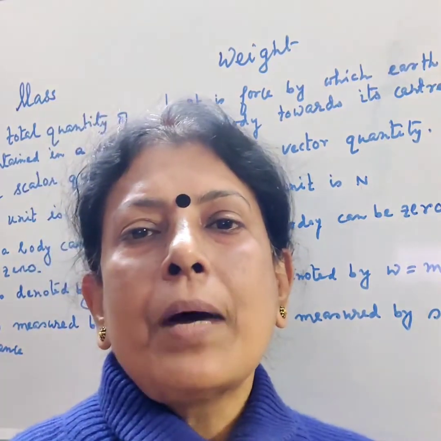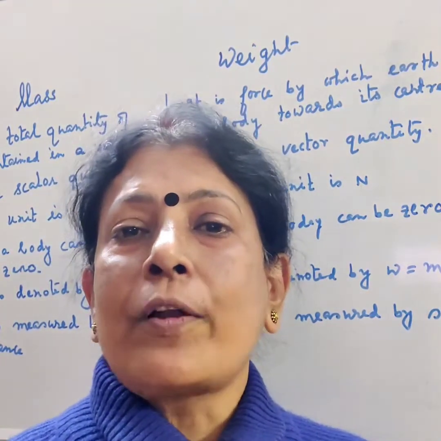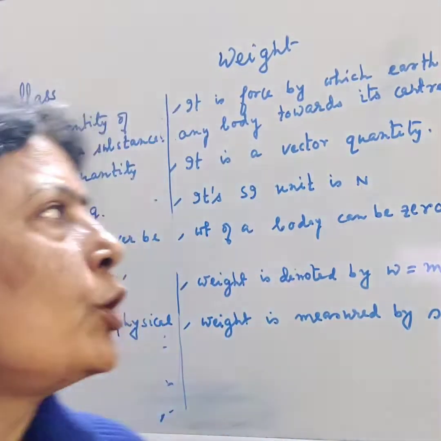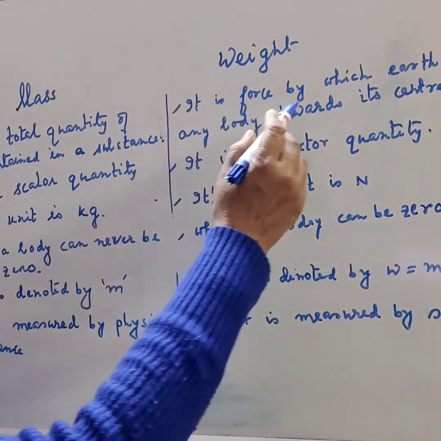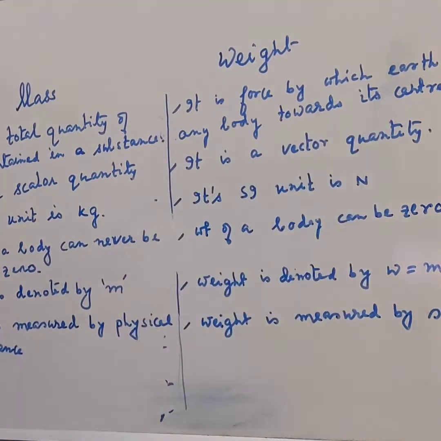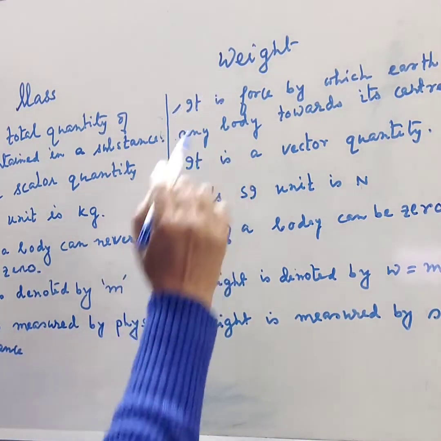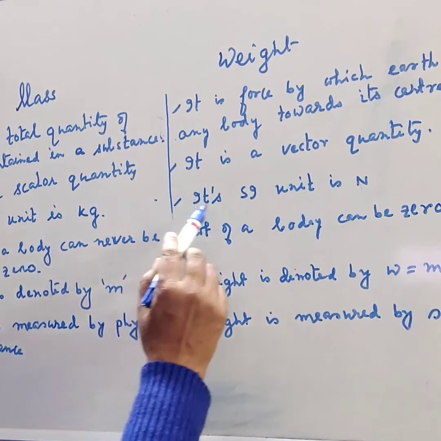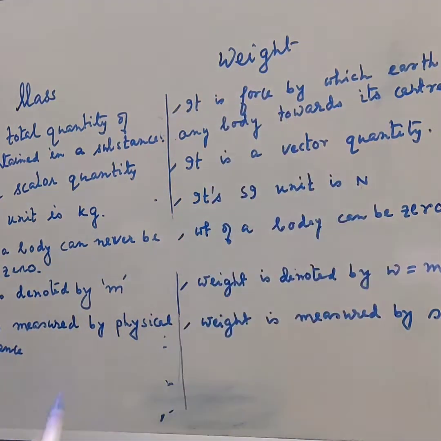Now we will discuss what the differences are between mass and weight. Definition of mass: mass is the amount of substance contained in a body or in an object, whereas weight is the force by which Earth attracts any body towards its center. Mass is a scalar quantity, whereas weight is a vector quantity. SI unit of mass is kg and SI unit of weight is Newton.